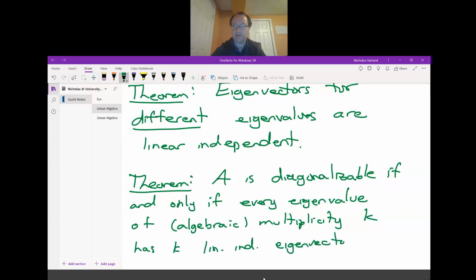And we actually call that the geometric multiplicity.